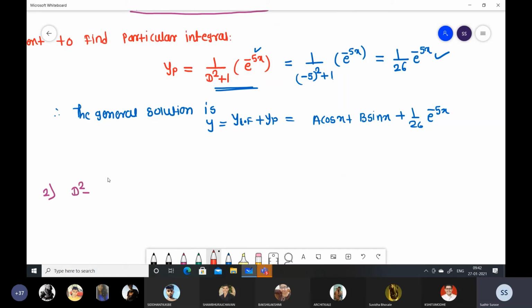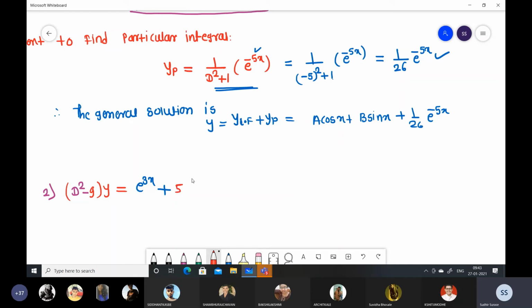So let me take 3, or let's say 9. d square minus 9 y is equal to e to the power 3x plus 1. I will explain both the cases. Here this time we have e to the power 3x and here we have constant 1. You can take any other constant, not necessarily 1. You can take 5 or any other.